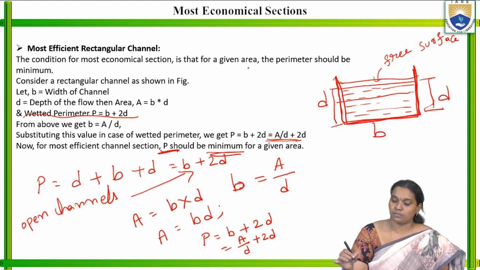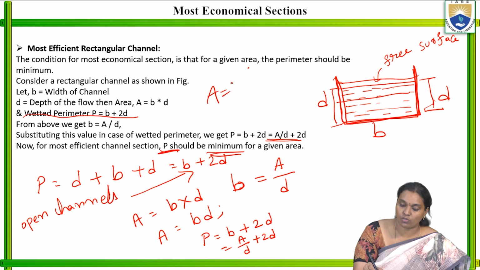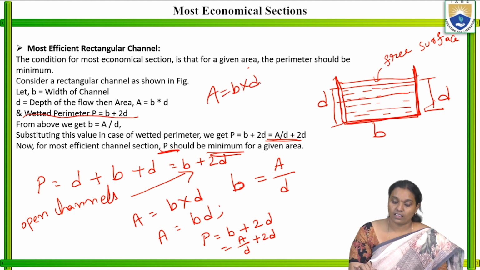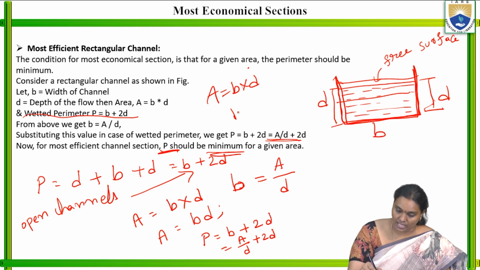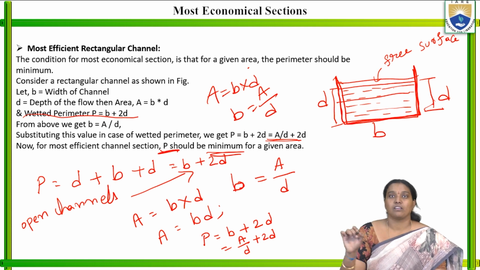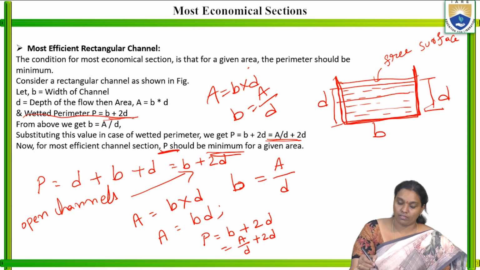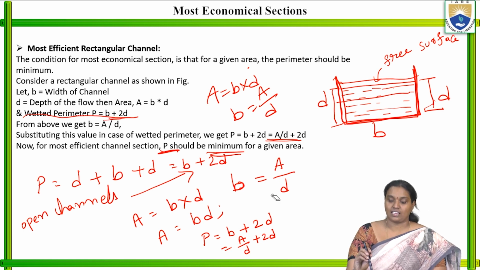Here B is the width of the channel, D is the depth of the channel. We know area is equal to B into D, and the width in terms of depth is A by D, and for the wetted perimeter, P is equal to B plus 2D, which we substitute like this.